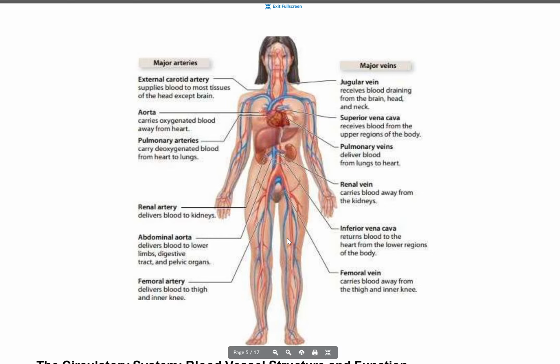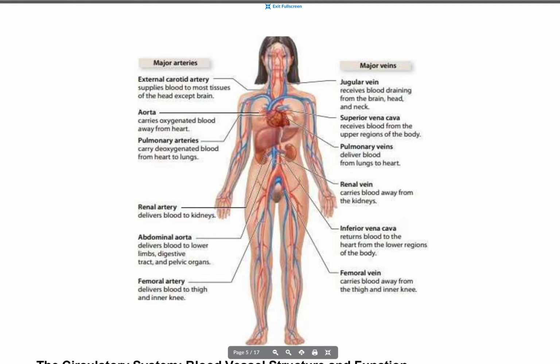Which is very interesting. You could call the inferior vena cava your abdominal vein, right? But we called it something else instead, so it is what it is. And you have your femoral artery that carries blood down your leg, and your femoral vein that carries it up your leg back to your heart.